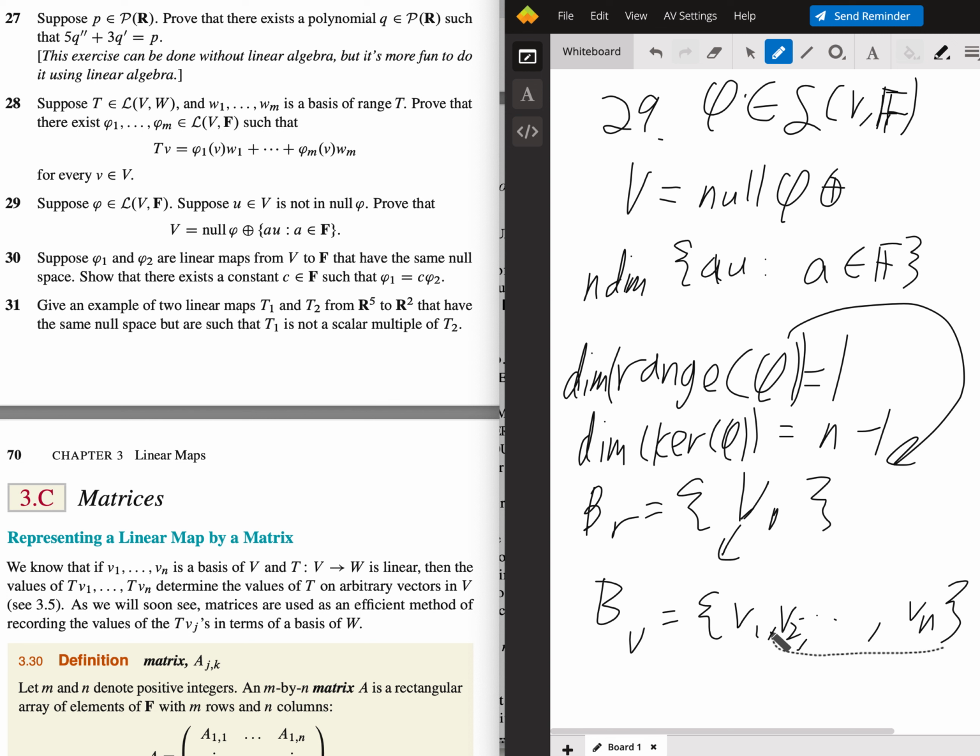Then those elements which are not in the basis of the range form a basis of the kernel, right? And these are linearly independent from each other.